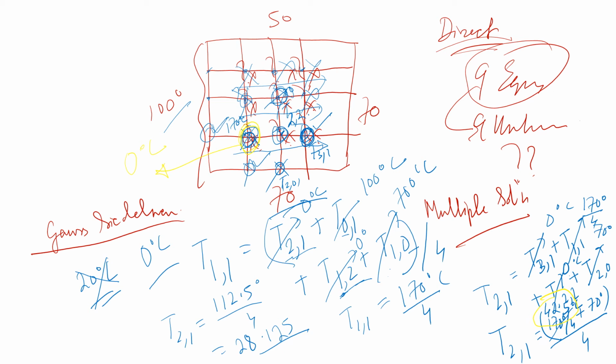So what is the error, or what is the difference? Presently, after the first iteration, we have found that T11 is 42.5 degrees centigrade. But originally we assumed that all the internal nodes stay at 0 degrees centigrade.